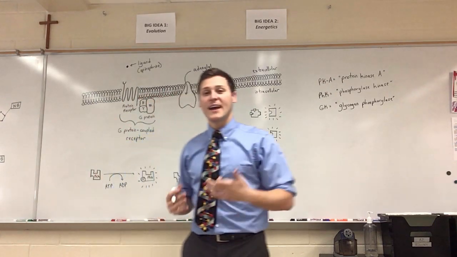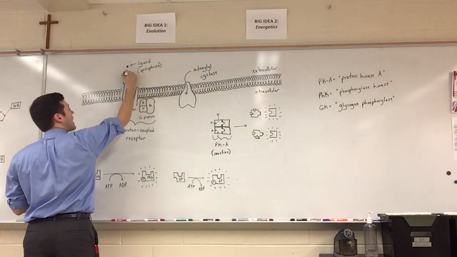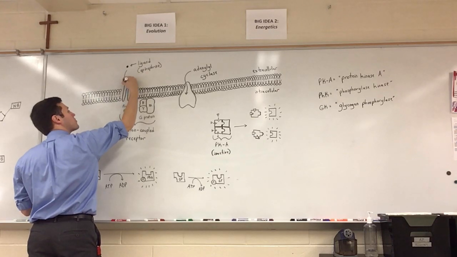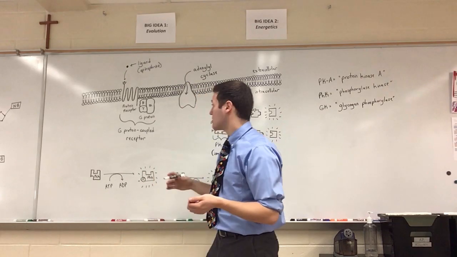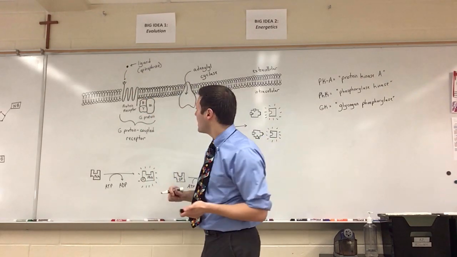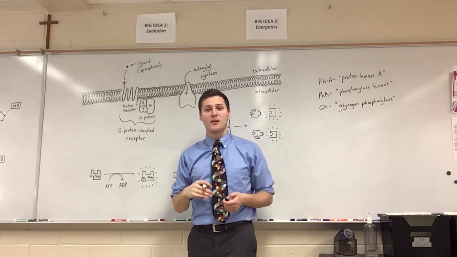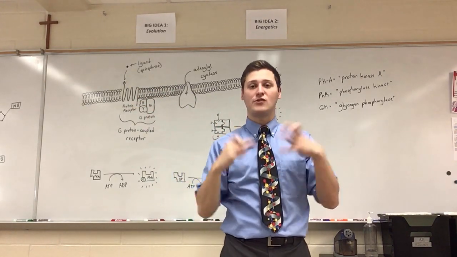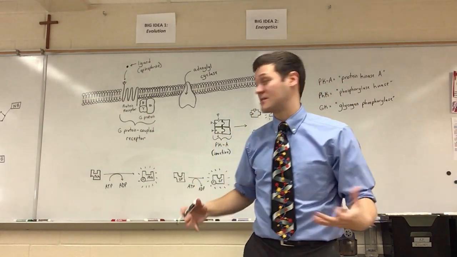So this ligand will start off, our first step will be the ligand will bind to our transmembrane protein receptor that spans the membrane. And so it has an extracellular side and an intracellular side. We say that proteins have domains, or just parts of a protein are considered domains.